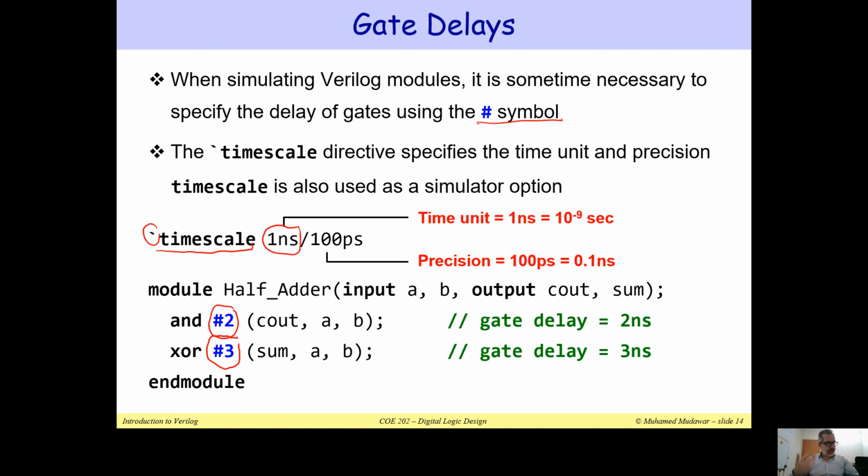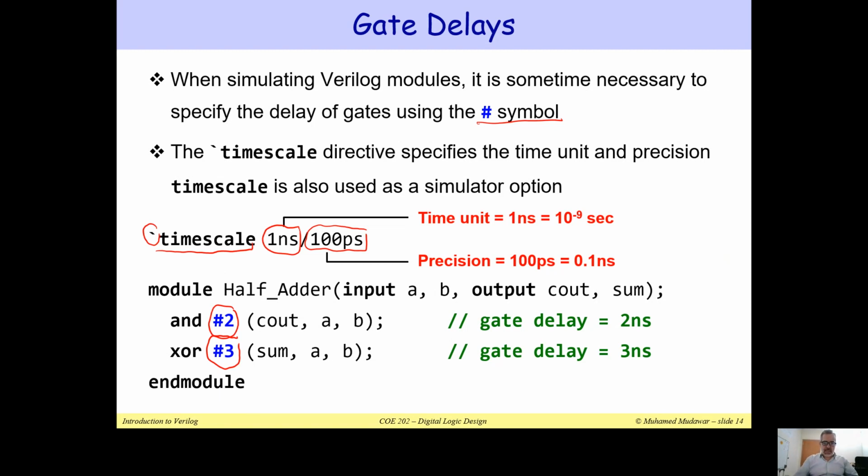You can also specify the precision. So the precision here is given as 100 picoseconds. That's the smallest unit which is used by the simulator. Now we know that a picosecond is smaller than a nanosecond. A nanosecond is one billionth of a second, and a pico is one trillionth of a second.